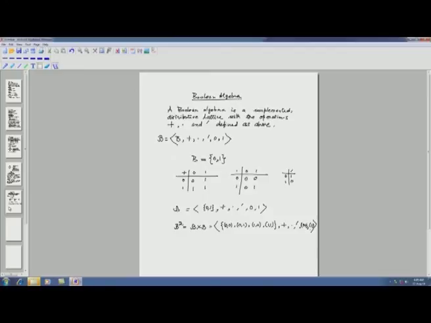Now, one can ask a question over here, what do I mean by this plus, and what do I mean by this dot and the complement operation.